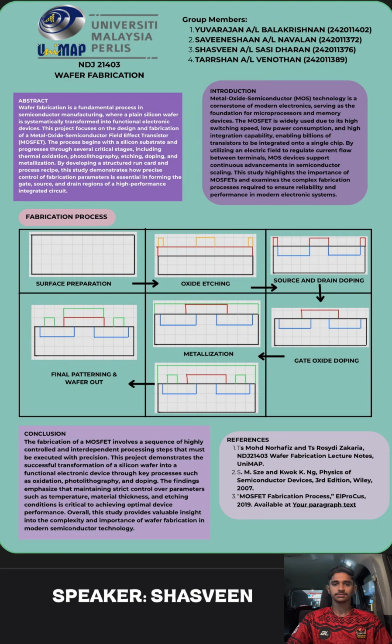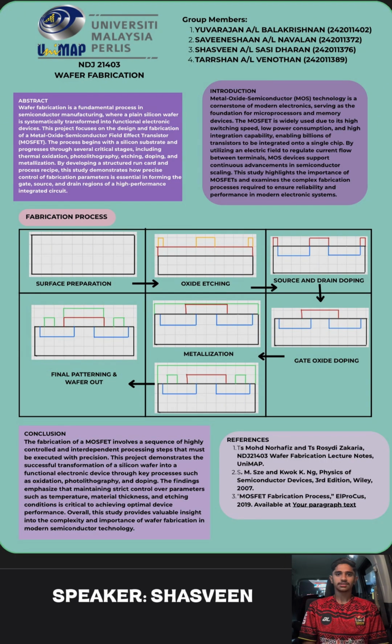In conclusion, the fabrication of a MOSFET device involves several important semiconductor processing steps that must be carried out carefully in the correct sequence. The process begins with a silicon wafer substrate and continues through stages such as oxidation, photolithography, etching, doping, and deposition. Each step plays an important role in forming the different layers and regions that are required for the MOSFET to function properly.